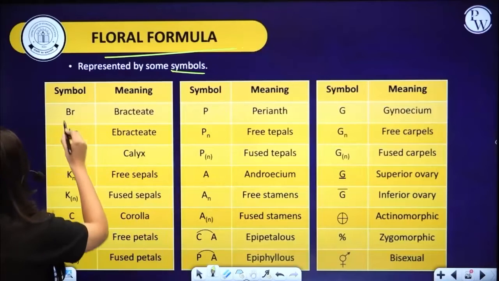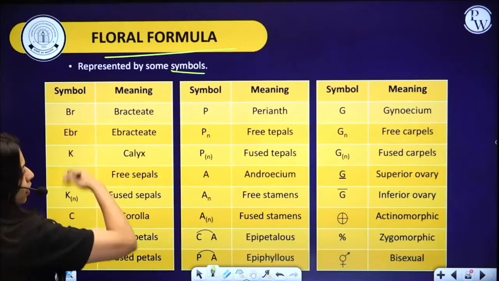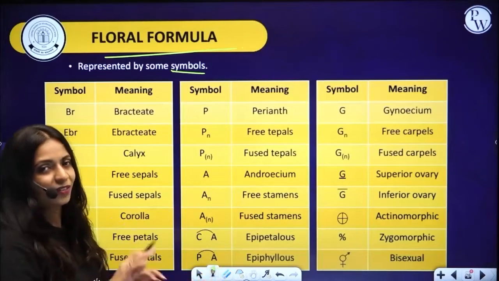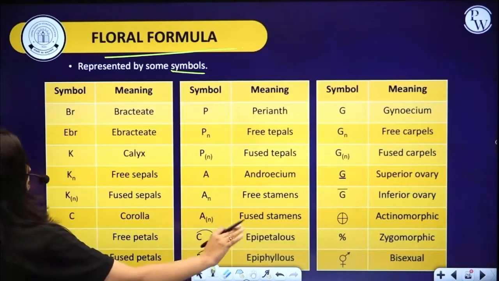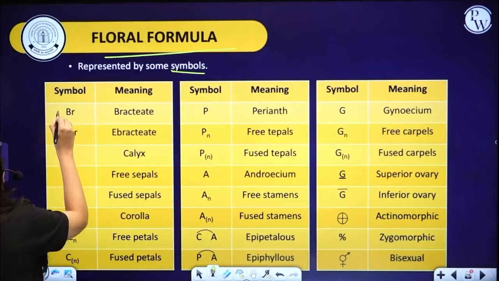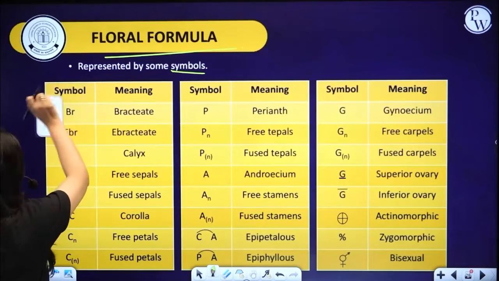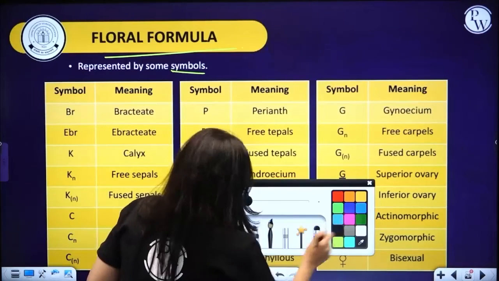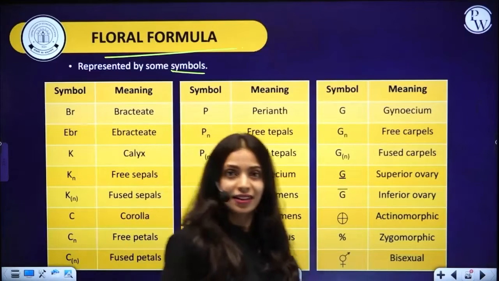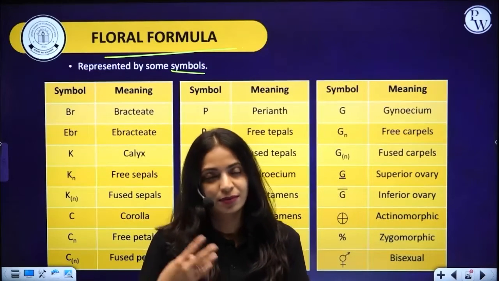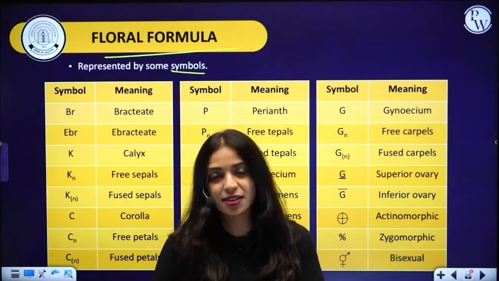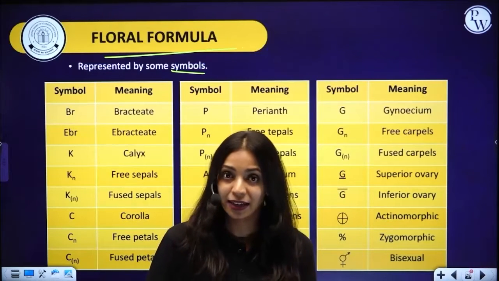So let's start. There are a couple of them that you'll have to remember here, but they're very easy, simple. So there's no need for you to get tense looking at this table. All right. So let's start off with the first one, which is BR. So when you are describing a plant that has flowers which bear bracts, then we say that condition is bracteate.